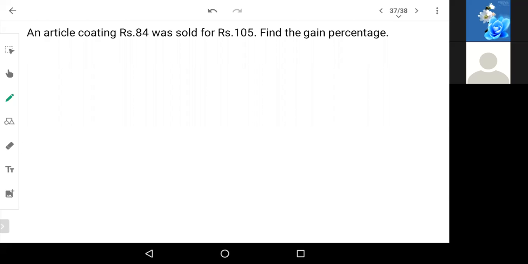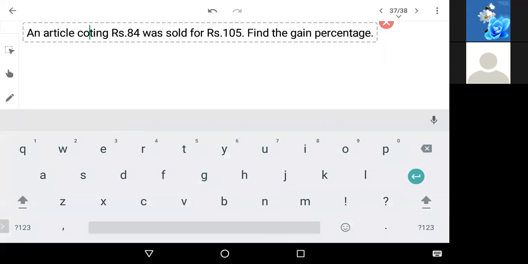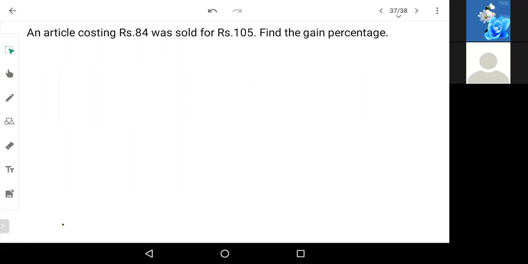Okay. Now the next question. An article costing rupees 84 was sold for rupees 105. Find the gain percentage.